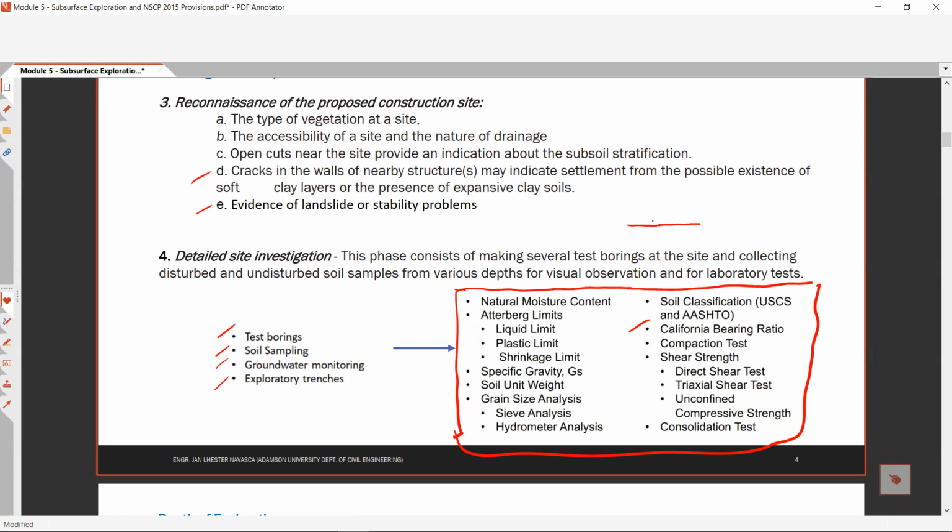So for the California bearing ratio, let's say this is your slab at the ground floor level, then this is the soil. If you are assuming that your soil will be the support for your ground floor slab, you need to check this California bearing ratio. Then again, the compaction test, 95% of the MDD.